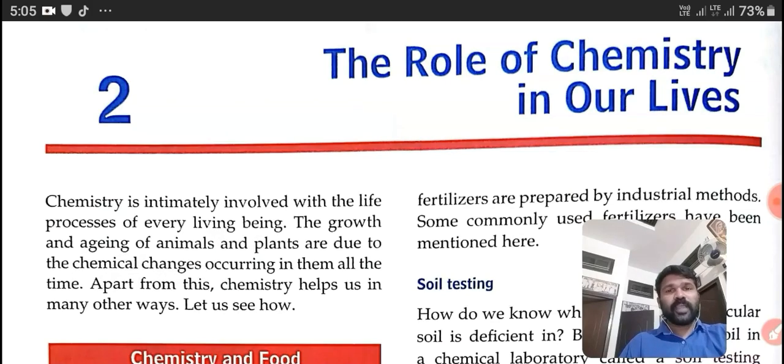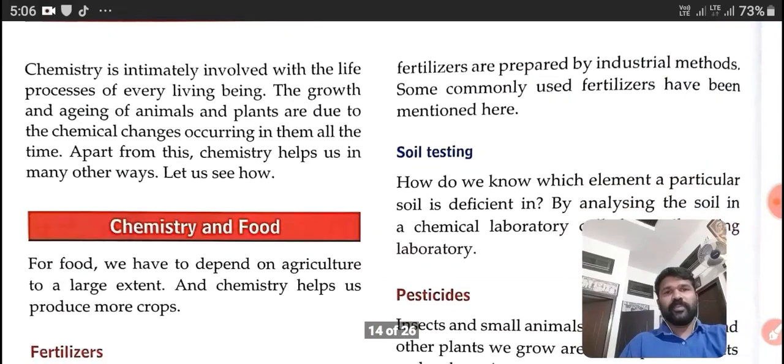The growth and aging of animals and plants are due to the chemical changes occurring in them all the time. Apart from these, chemistry helps us in many other ways. Let's discuss now.